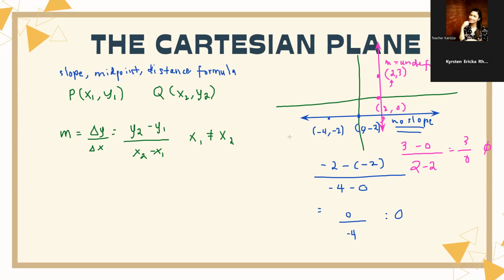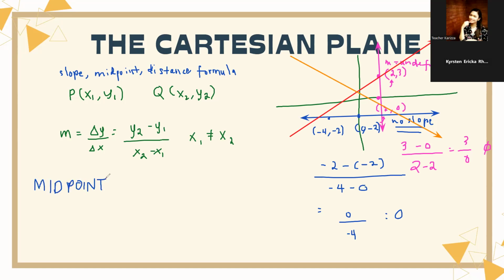So for a positive slope, it is going up starting from the left. And then for a negative slope, it is going down, starting from the left. So these are the different types of slopes. Next, we have midpoint. So when we say midpoint, we are referring to midpoint na tayo.